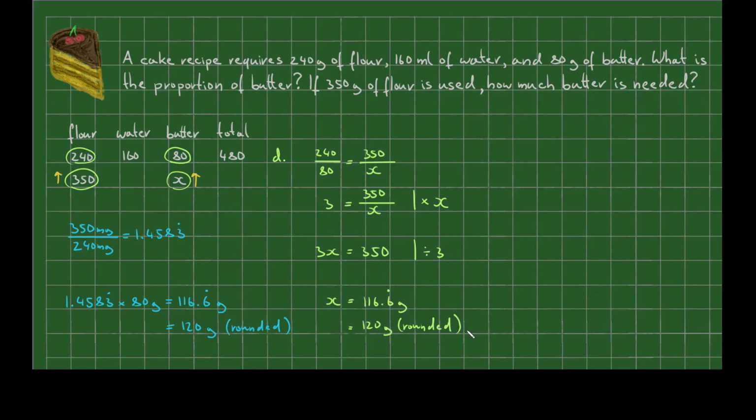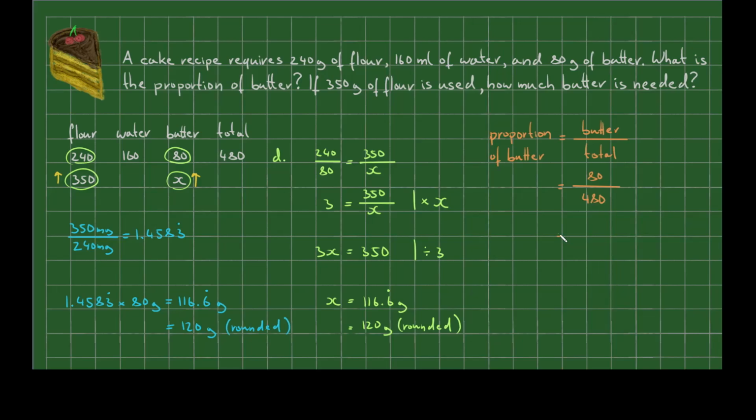Okay, now that I have answered how much butter I will need, I'm going to calculate the proportion of butter. Recall that to calculate a proportion, I need to divide the part that I'm interested in by the total. In this case, I'm looking at butter divided by total. According to the original recipe, there are 80 parts butter and 480 parts in total.